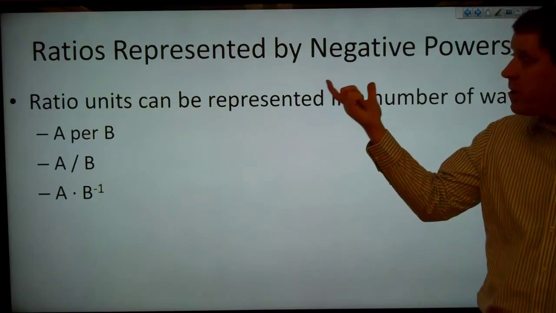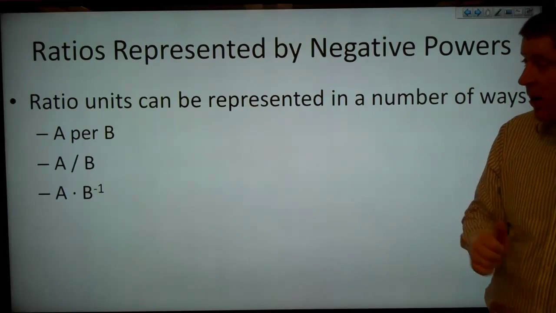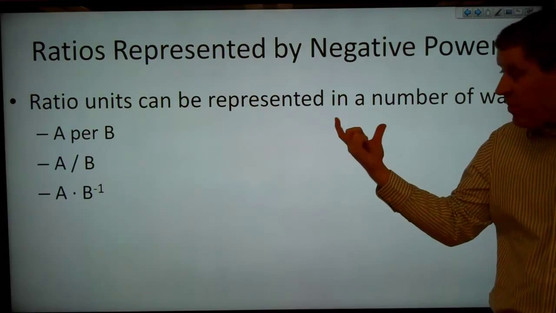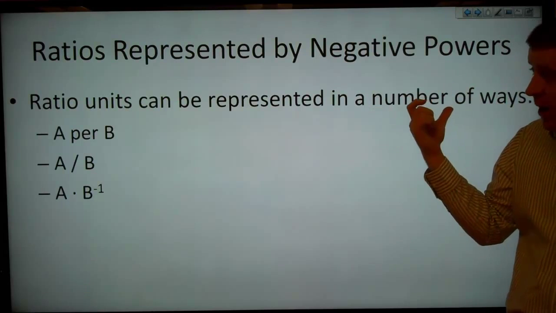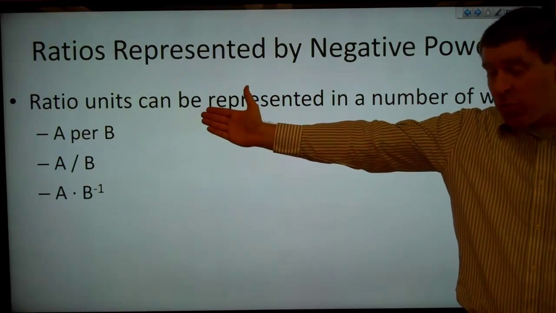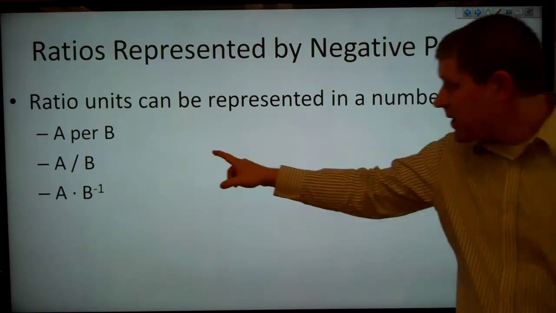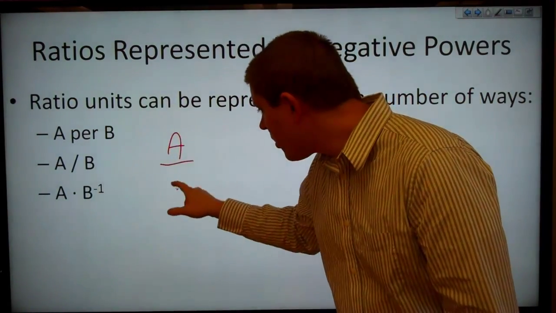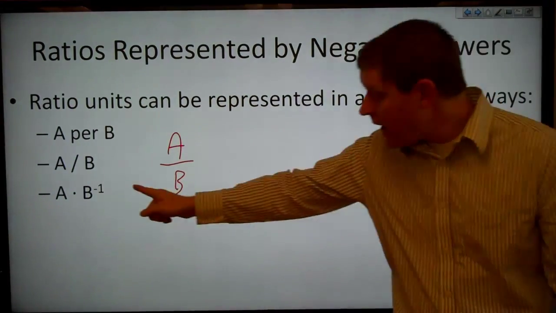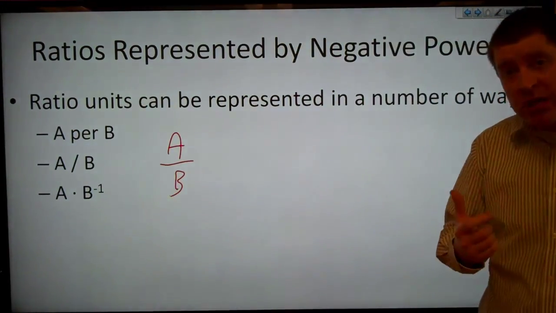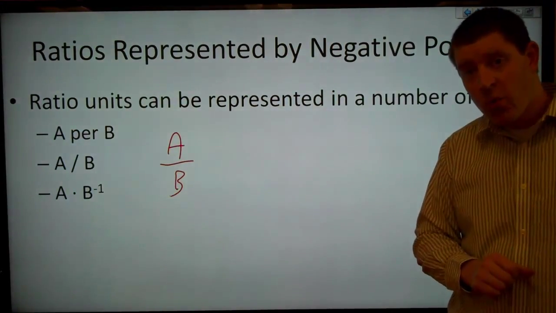So now let's talk about ratios that are represented by negative powers. Ratio units can be represented in a few different ways. We can represent it as A per B, or as A/B, or perhaps as A over B, or as this way, A times B to the power of -1.